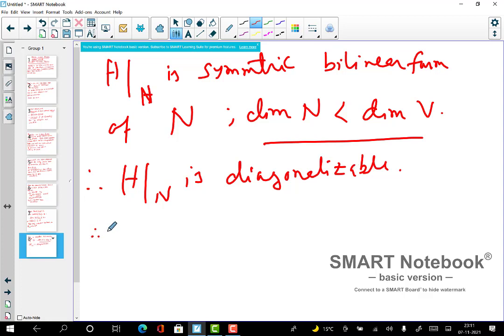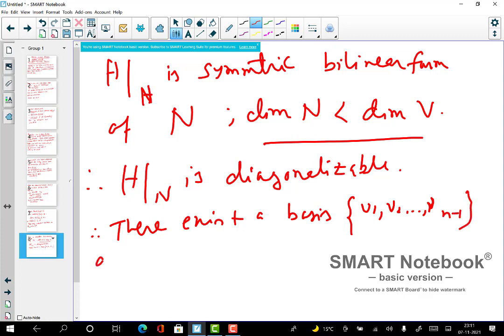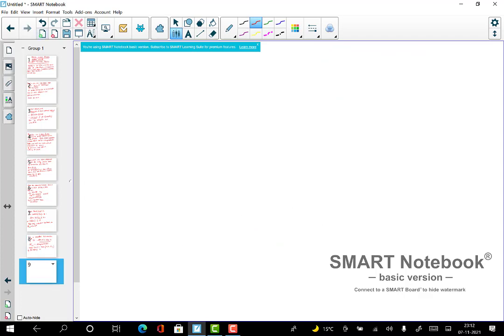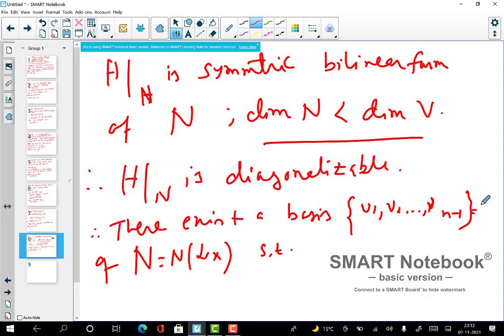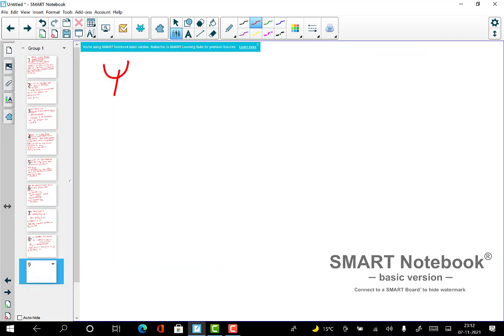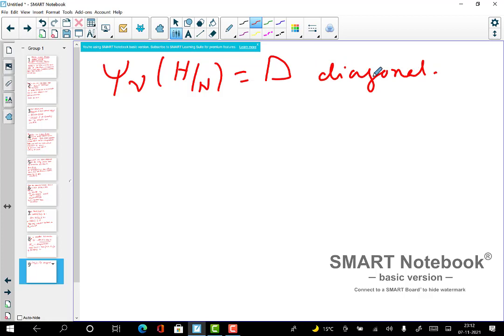So there exists a basis, say v1, v2, up to v_{n-1}, of the null space N, such that the matrix representation of this psi with respect to this basis, say gamma, is a diagonal matrix D. It is symmetric and also diagonal.